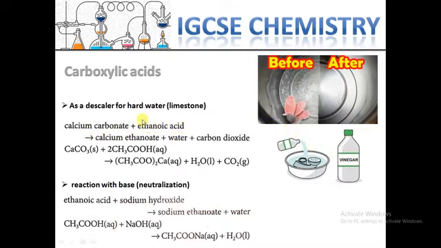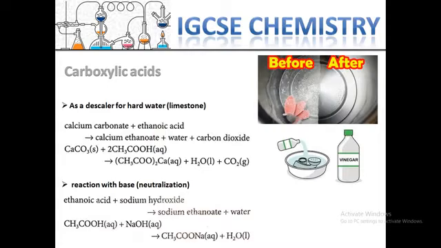Ethanoic acid, or acetic acid, is used to produce vinegar, so you can use it in pure solution to wash away or remove calcium carbonate or limestone. Limestone is another name for calcium carbonate.